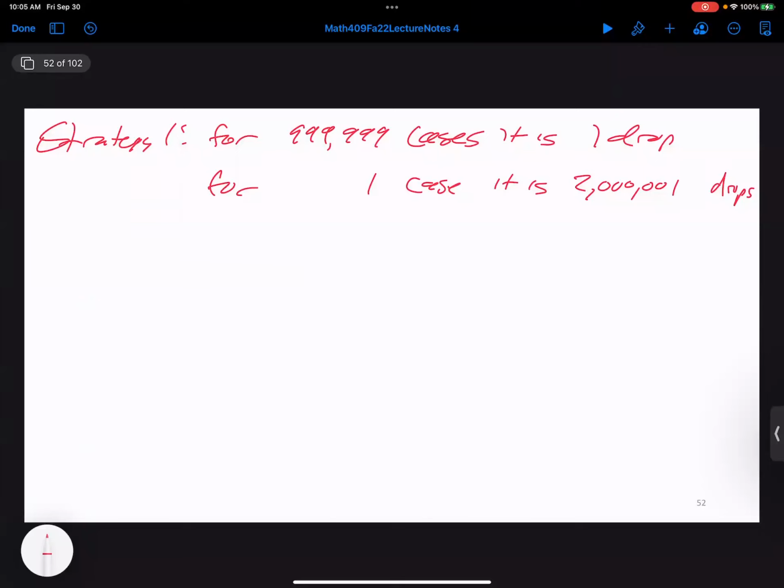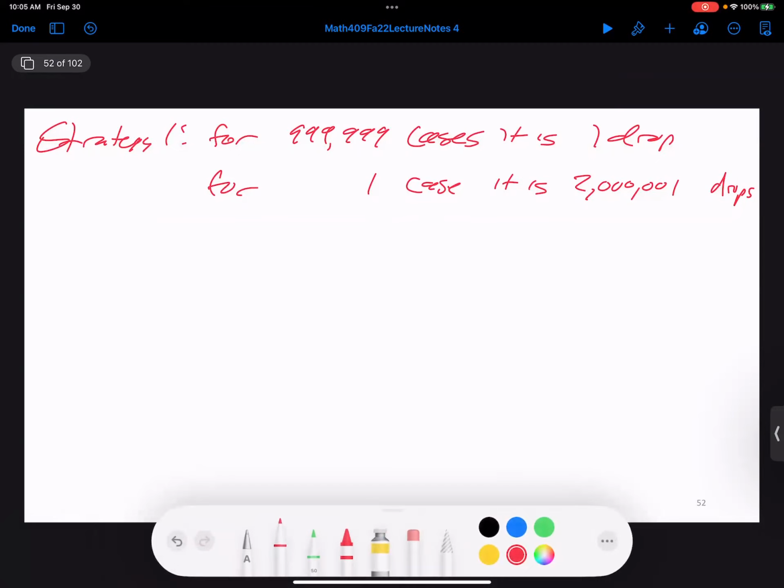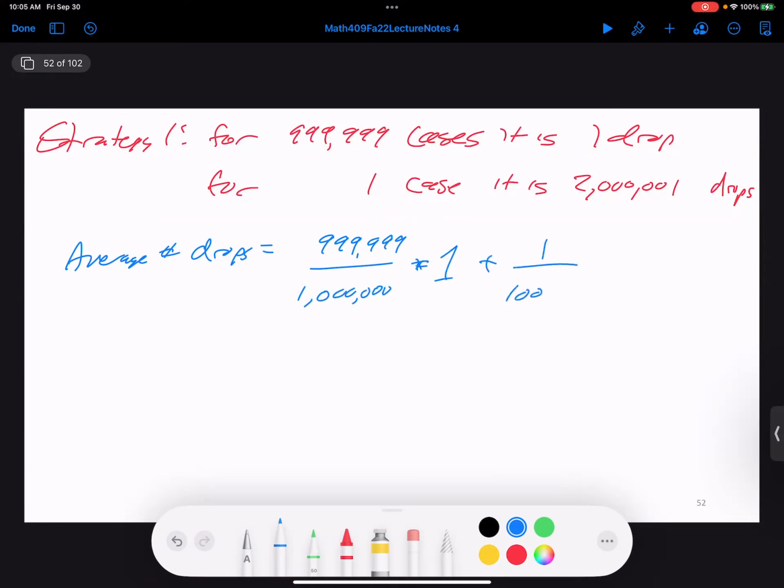So what is the average number in this situation? Average number of drops: in 999,999 out of 1 million, it was 1, and then in 1 out of 1 million, it was 2,000,001.